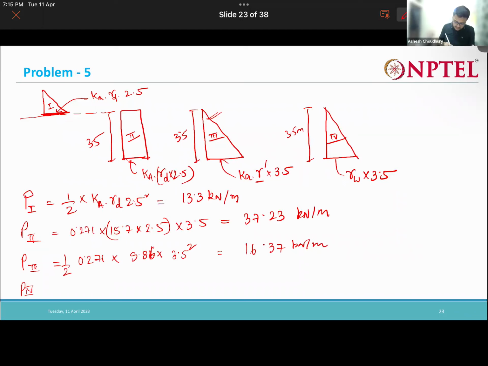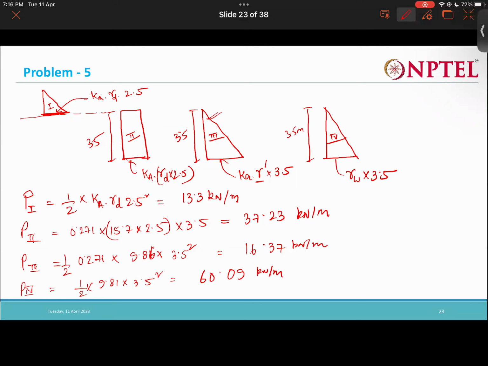And P4: half into 9.81 into 3.5 square, that is 60.09. Right? Okay, so the total will be the sum of all these.